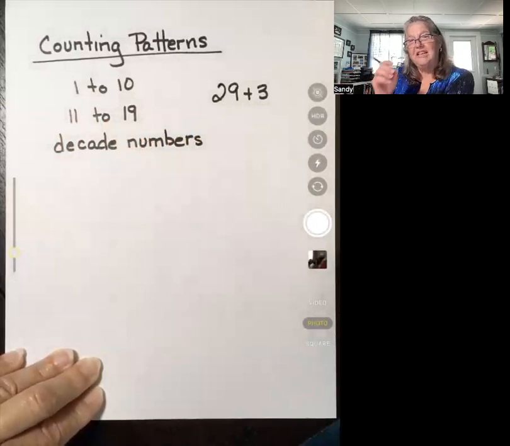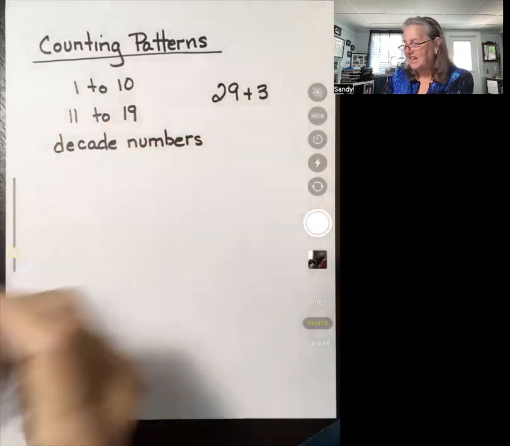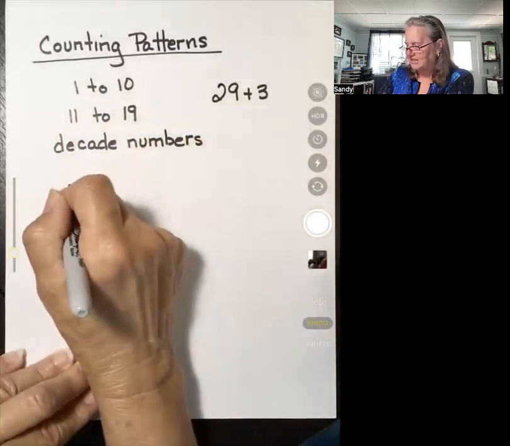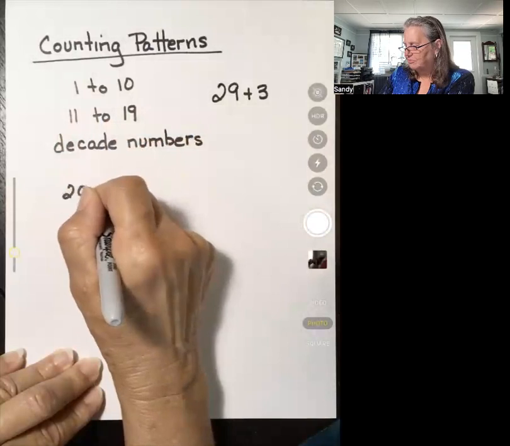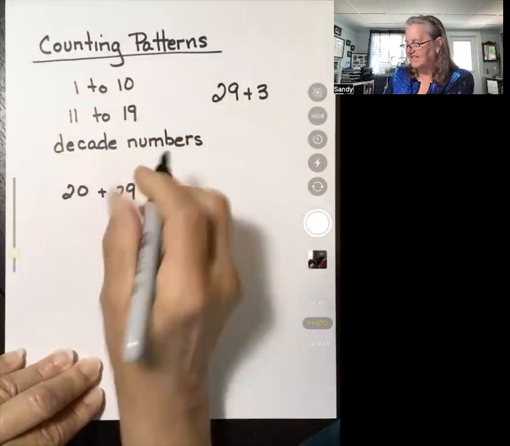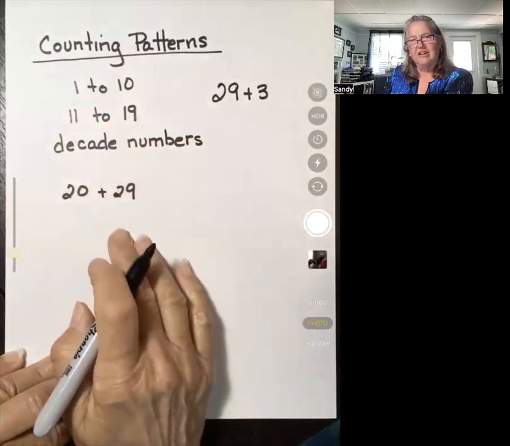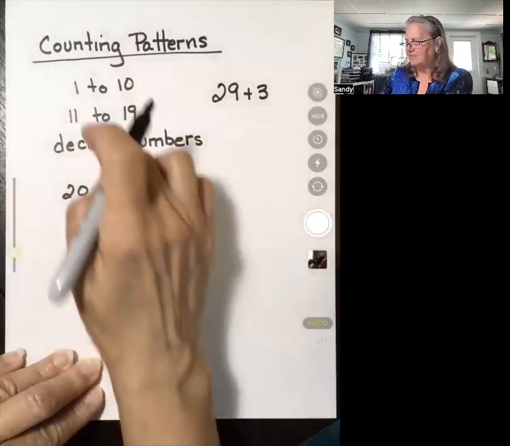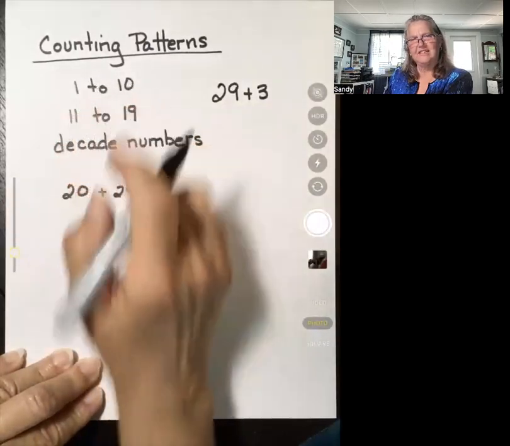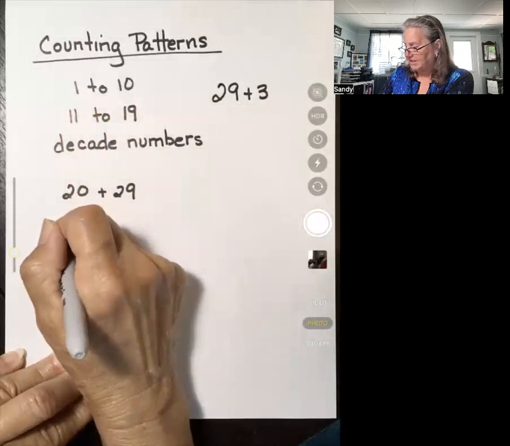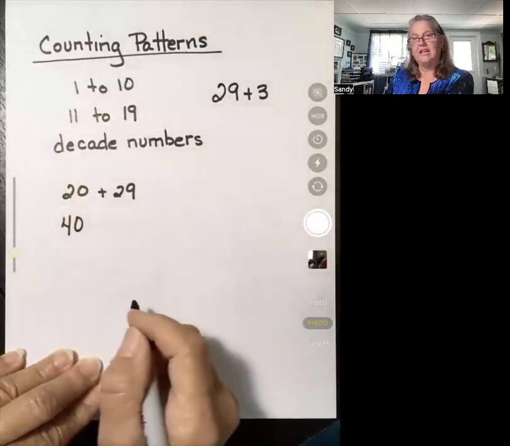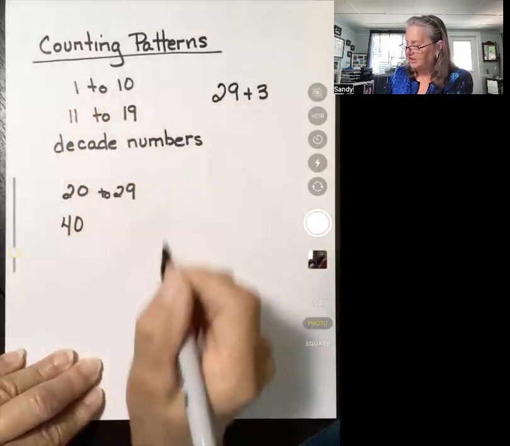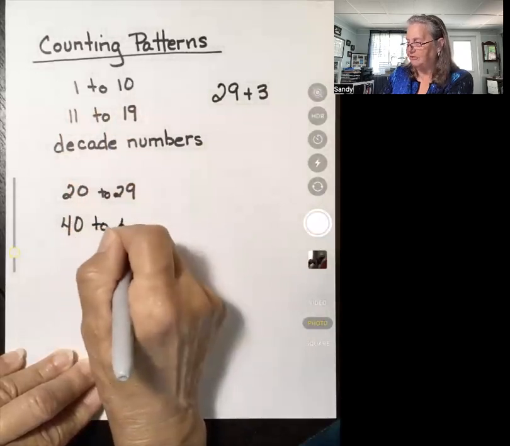But what's really important for them is they don't have to memorize all of the number words between 20 and 29. It's patterns, right? 21, 22. It's the same pattern as when you counted 1 to 9. I should be able to skip around and say 40, right? What's 20 to 29? What's 40 to 49?